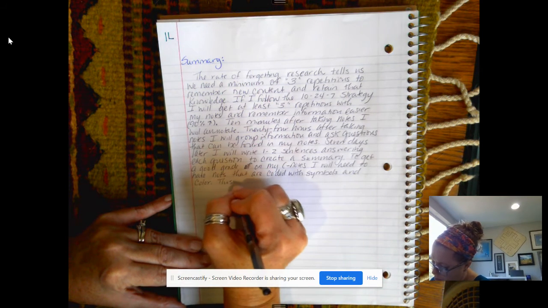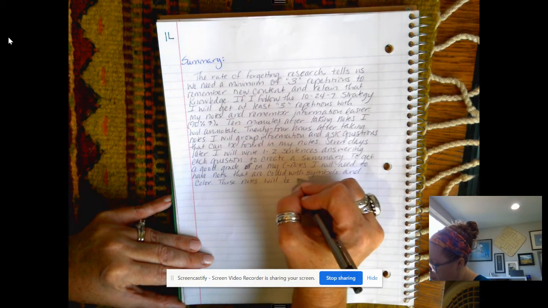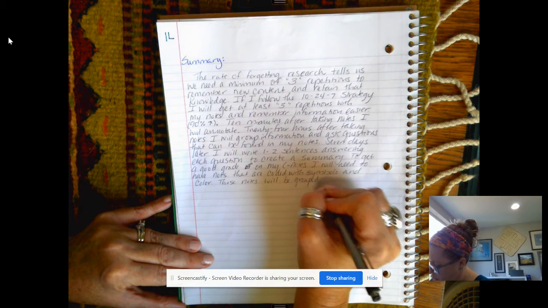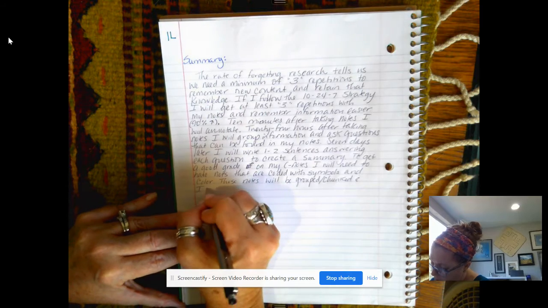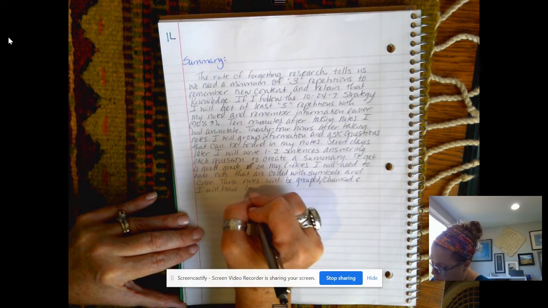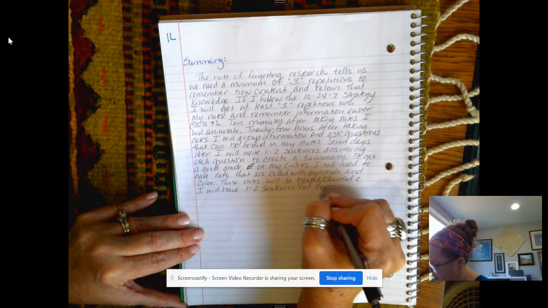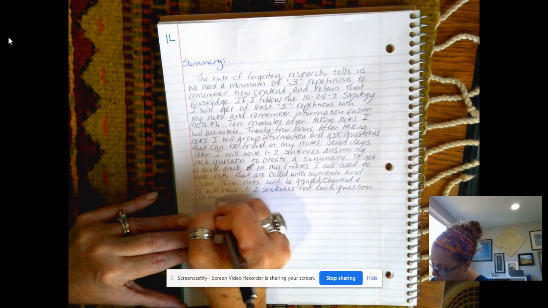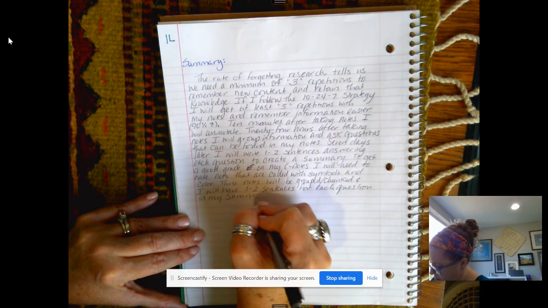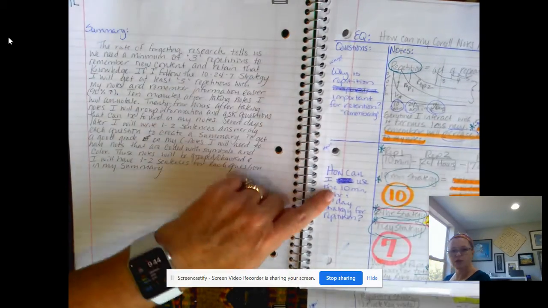Those notes will be grouped or chunked, and I will have 1 to 2 sentences for each question in my summary. So my summary has 1 to 2 sentences for each question I have here.